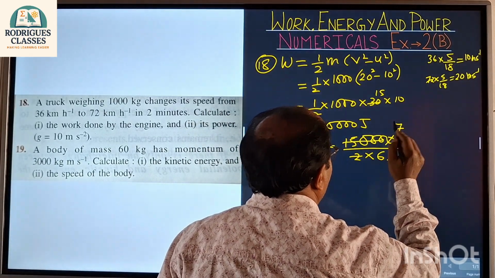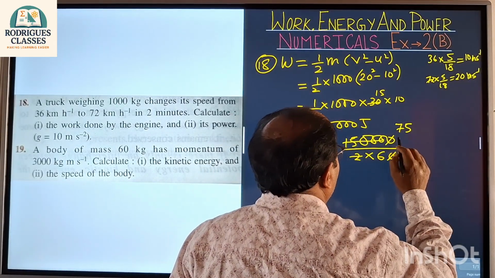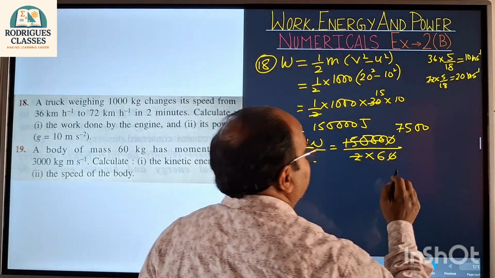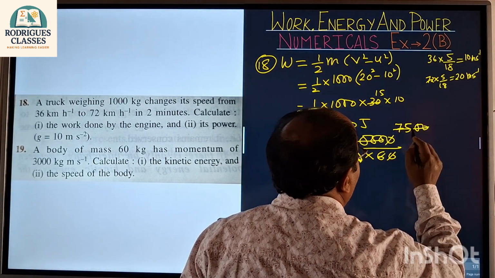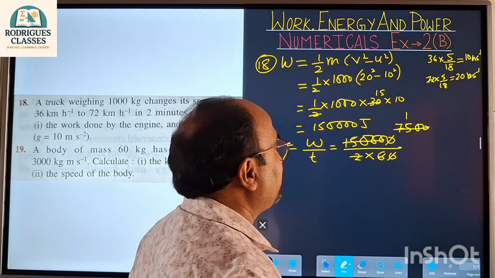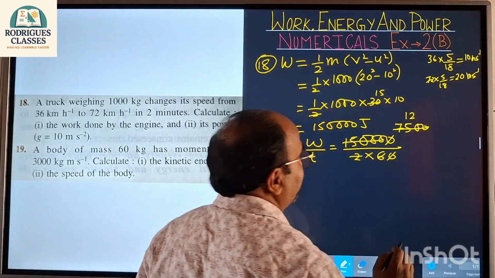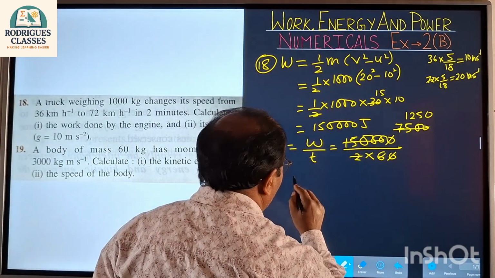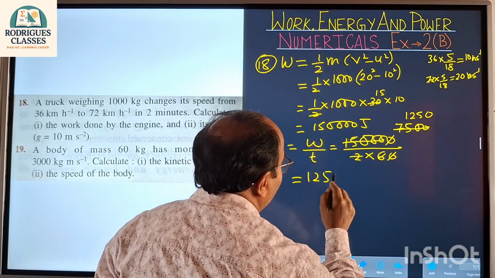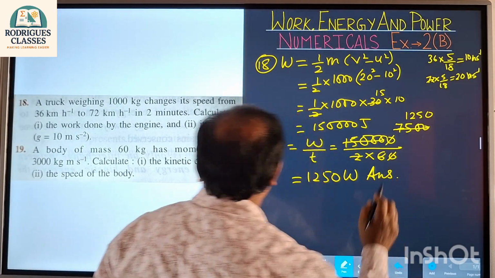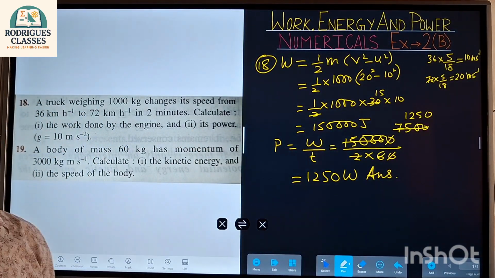So 2 sevens are 14, 1 left. 2 fives are 10, and then 2 zeros, and then with 6 if I reduce it. Okay, so 6 ones are 6, I am left with 1, 15, 6 twos are 12, left with 3, 30, 6 fives are 30, and then 0. So I get it as 1250 watt. So this is your answer for finding the power part.